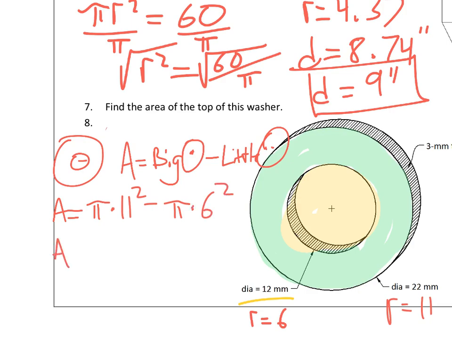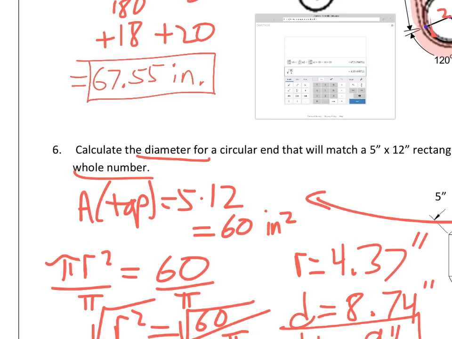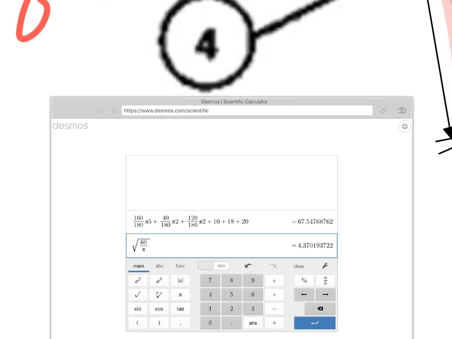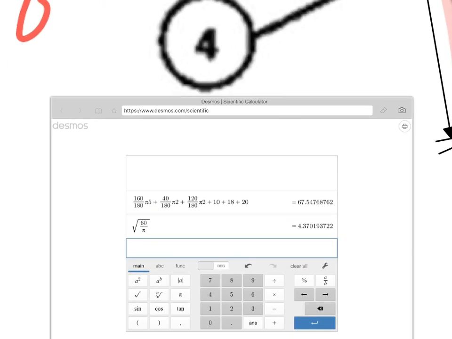All right, now we just need to go to our calculator, punch that in. Pi 11 squared minus pi times 6 squared. Big circle minus little circle. And your scientific calculator knows the order of operations.